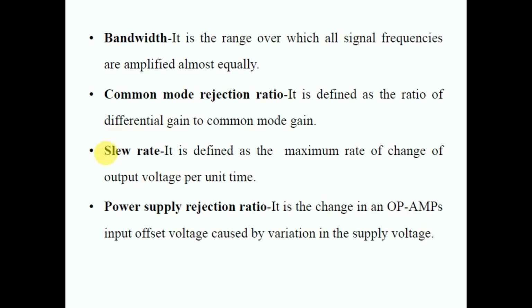After that, we can come to the slew rate. What do we exactly mean by slew rate? The slew rate is nothing but the maximum rate of change of output voltage per unit time. It means if we see a particular spike at the input, at the same point of time the output must show some kind of change at its output terminals.